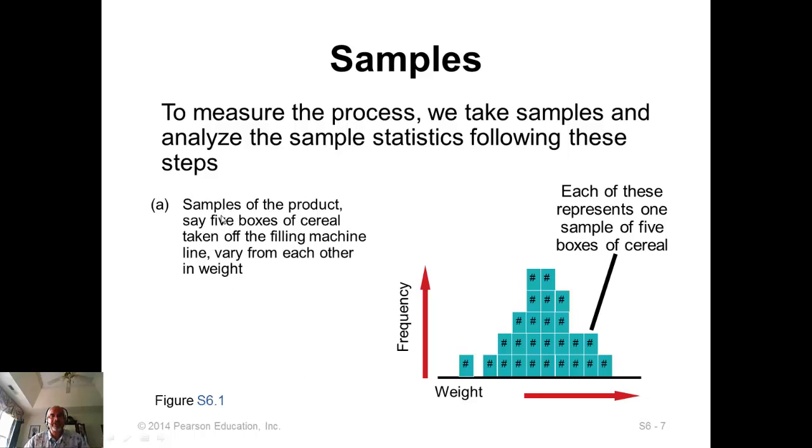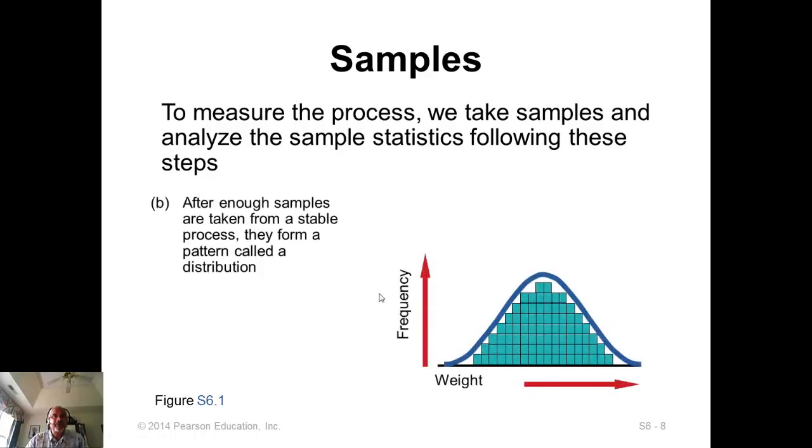The sample size need not be really large, because we're going to be taking repeated samples over time, and therefore a small sample size is not a big problem. Then you weigh each sample and find the average. If you plot the average weights, the X bars, you'll see a normal distribution.